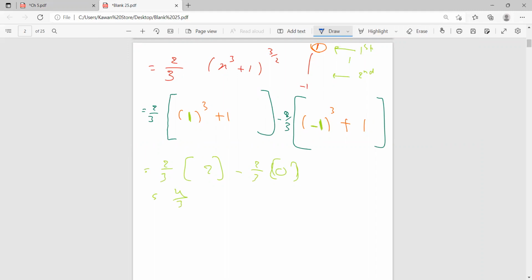This bracket is what? 3 over 2, 3 over 2, right? So I'll get 3 over 2, 3 over 2. So the value will change. Let me do it again for you. Shall I do it or do you understand? I forgot the exponent. I will do it for you. Okay, it's okay. I'm going to do it again here.